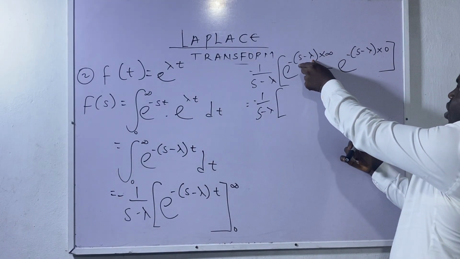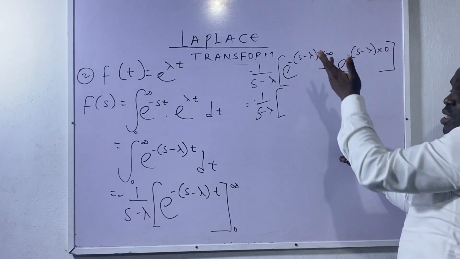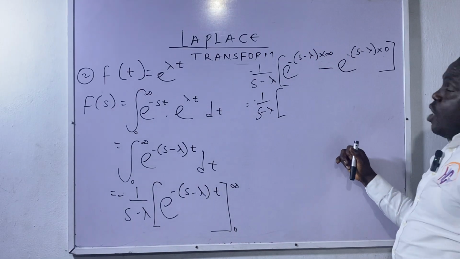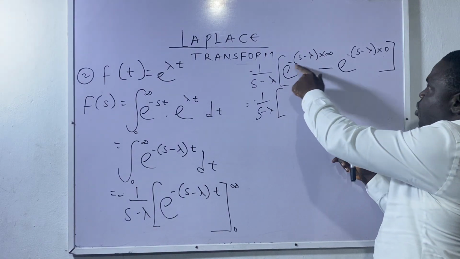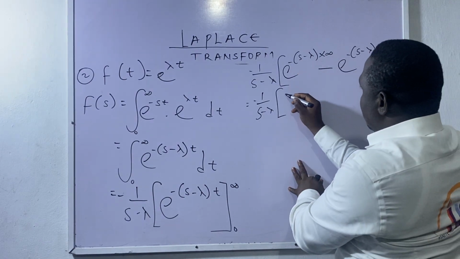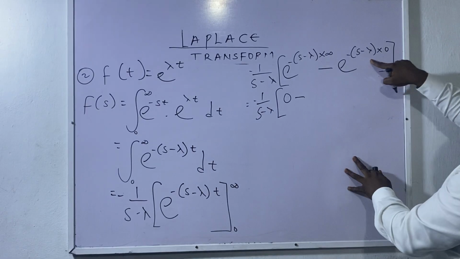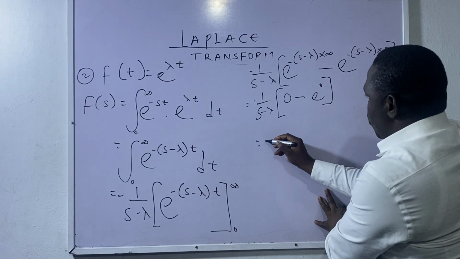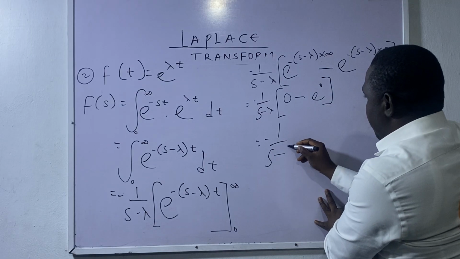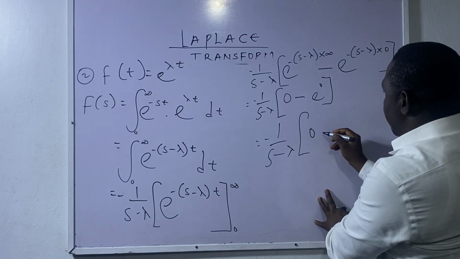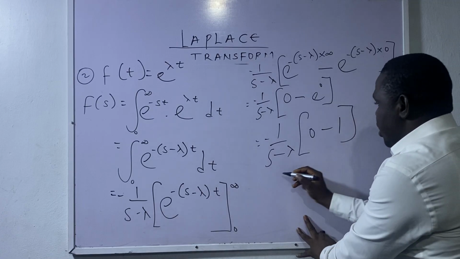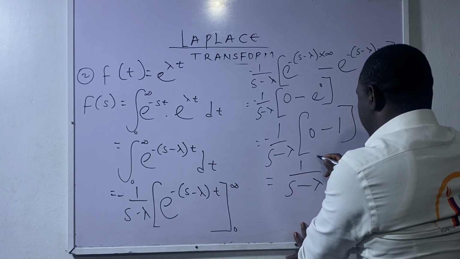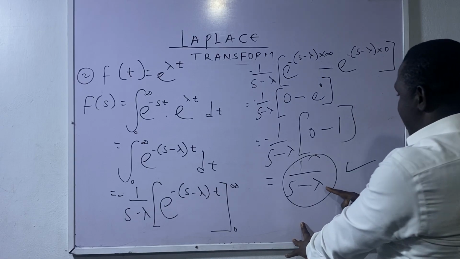Take this to be a constant value, or whatever value you may think it to be. Multiplied by infinity gives you an infinity. And so when you have exponential raised to power minus infinity, that gives you 0. When you multiply this by 0, it gives you 0. And so you have 0 minus 1, and finally we have 1 over (x minus lambda).